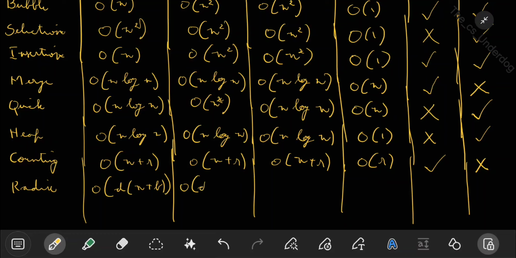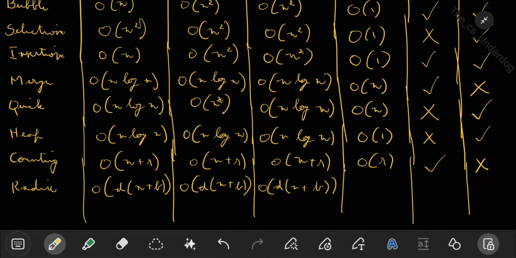Okay, order of d into n plus b. This is the worst case as well. This is the average case as well, right? So you can also write this as order of d into n if you want to avoid the term base. Otherwise, if you are counting base as well, then it is order of d into n plus b.